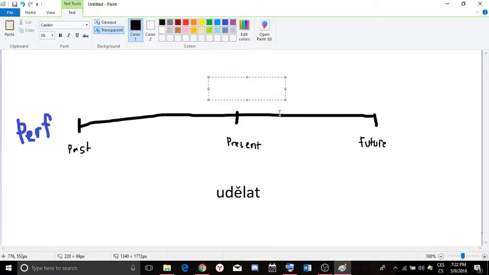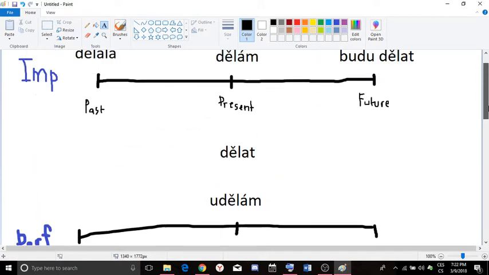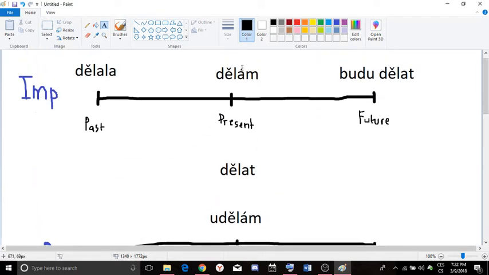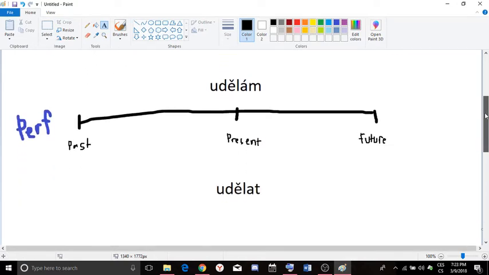So we're going to conjugate it exactly as we had conjugated it up here. Udělám, right? So, já udělám, and as you can see again, this is the same conjugation here as it is here. Dělám, udělám. All I did was add a little bit at the beginning.